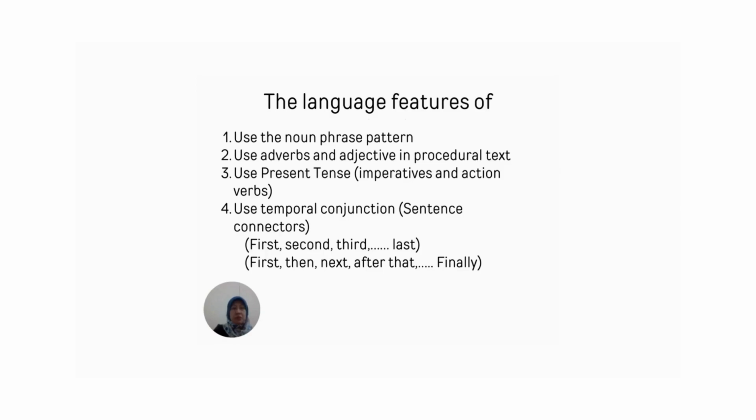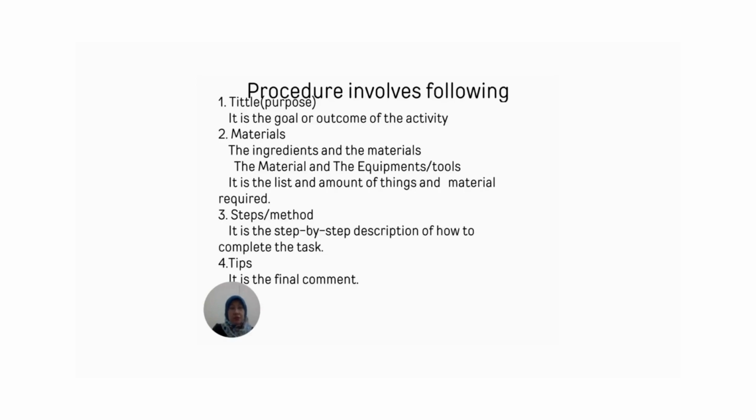Number 2, use verbs and adjectives in the procedural text. 3, use present tense or imperative and action verbs. And number 4 is use temporal conjunctions or sentence connectors. For example, first, second, third, and then the last. First, then, next, after that.